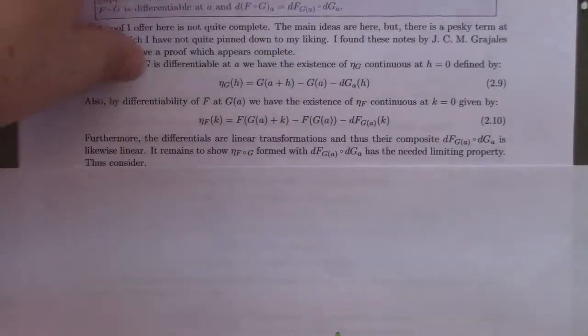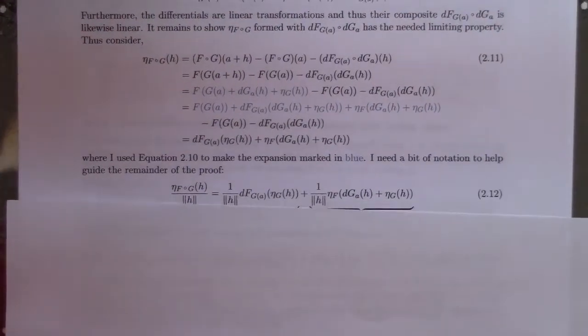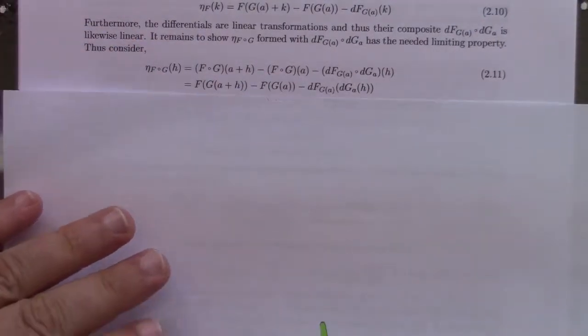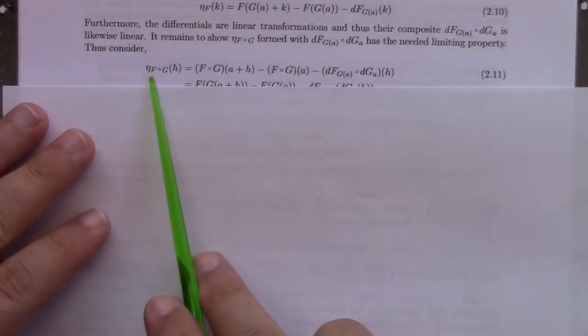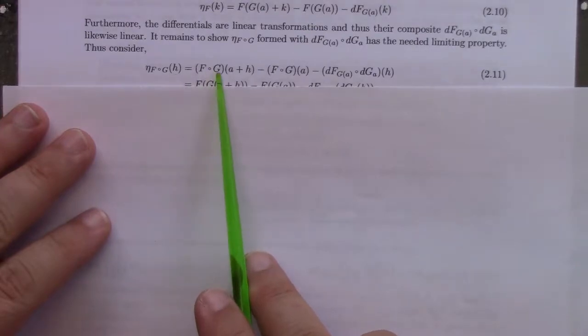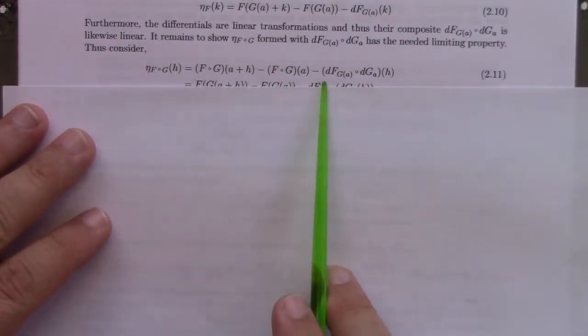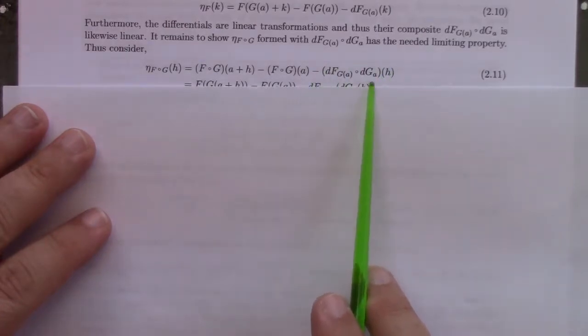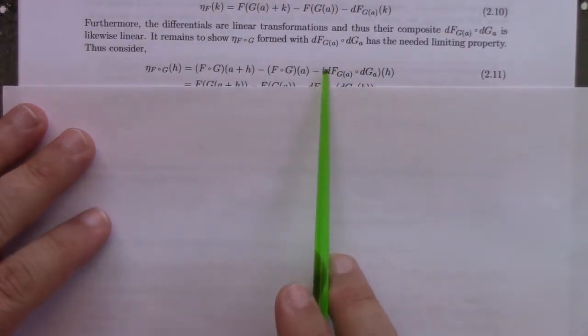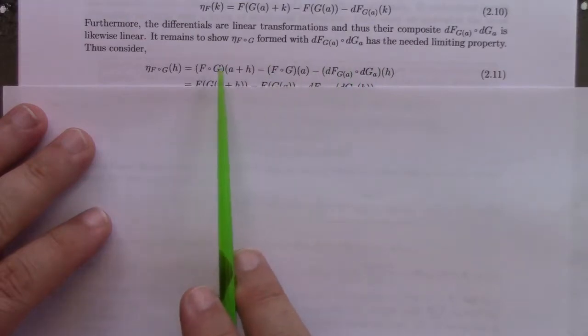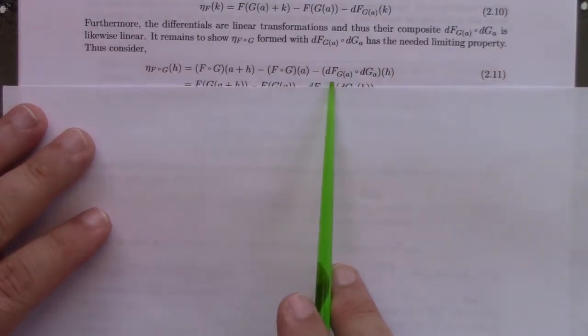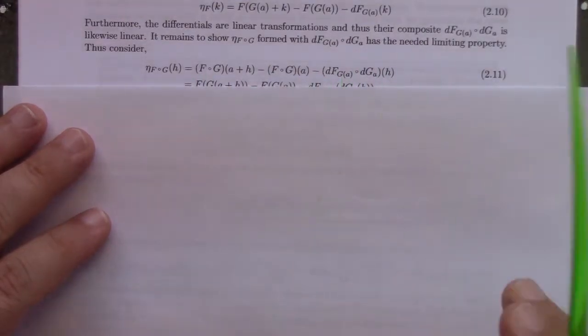So towards that end, we consider the eta of the composite of f and g at h. So that's f composed with g at a plus h minus f of g of a. And then I'm using the alleged differential.